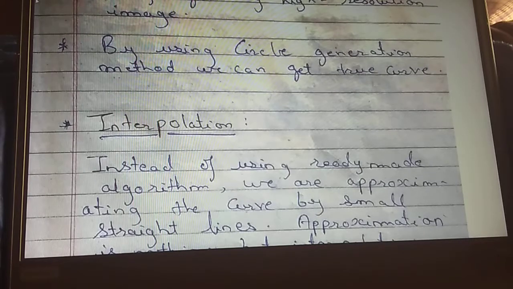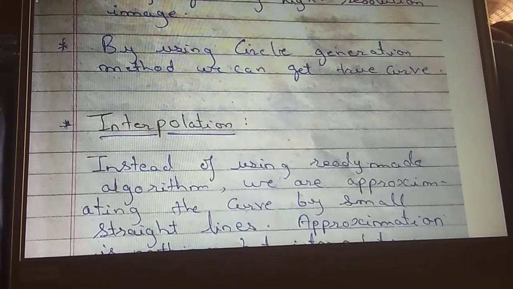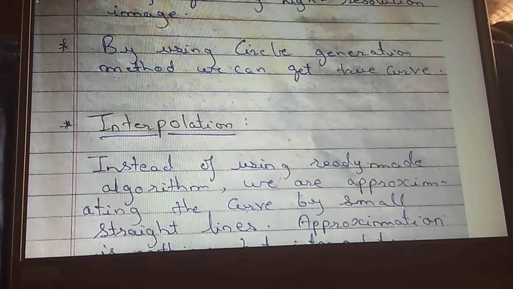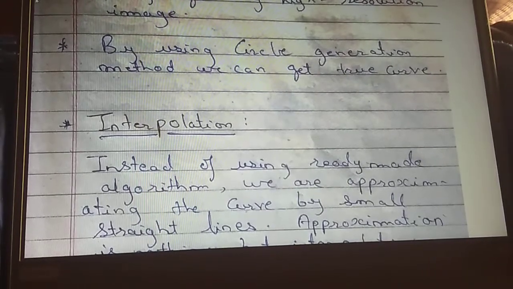When we are using any circle generation algorithm to draw a curve, we should not draw a complete circle, right? Because we want a particular curve, we should only draw some part of that circle which will act as a curve.